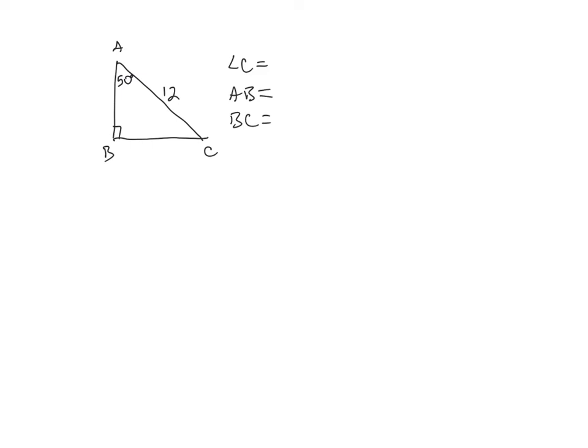So angle C should be simple. Angle B is 90, angle A is 50, so then it's just 90 plus 50 is 140, 180 minus 140 is 40 degrees. Okay, simple.